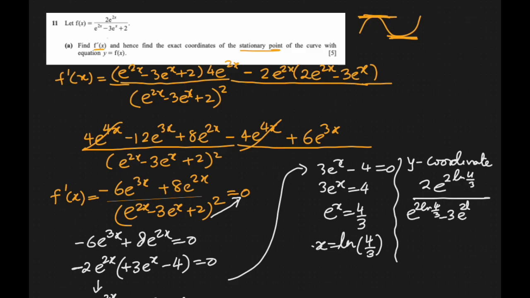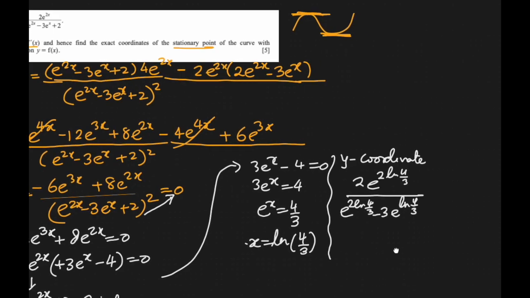I'm sorry if I'm making a mistake. 2x, x is natural log only, right? So not 2. Okay. All right, and plus 2.